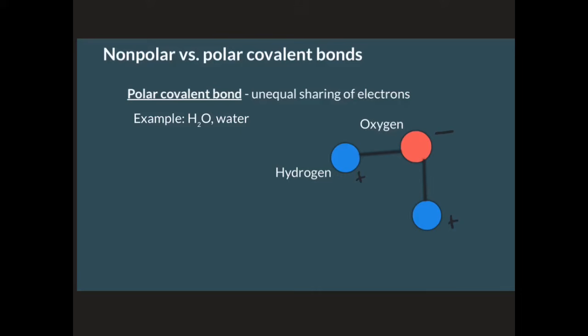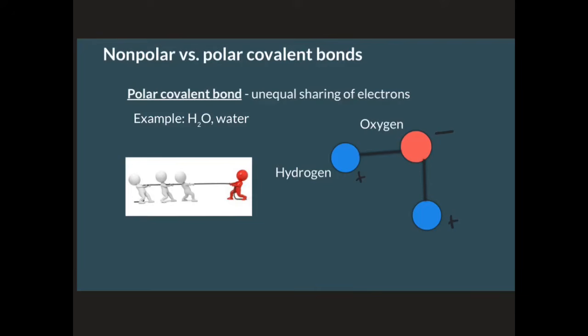So rather than equally sharing the electrons in space, the electrons are actually sitting closer to the oxygen in this case because oxygen's electronegativity is greater. This creates a polar covalent bond, and in a polar covalent bond, we'll see charge differences on there, just like we see in this water molecule.